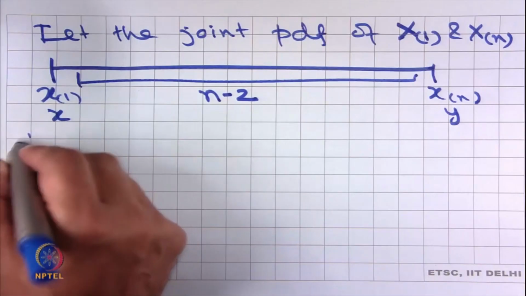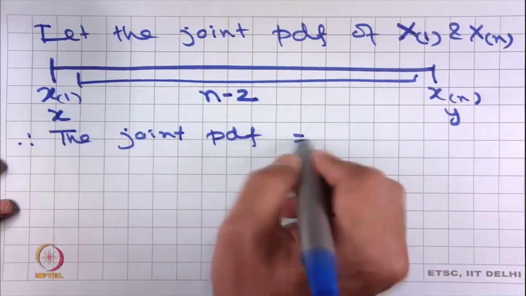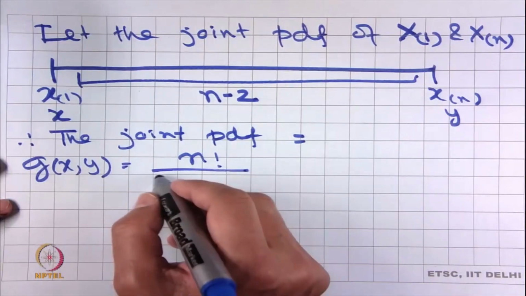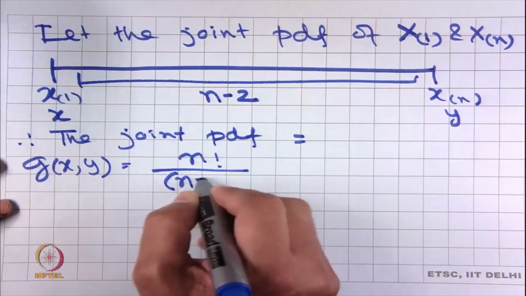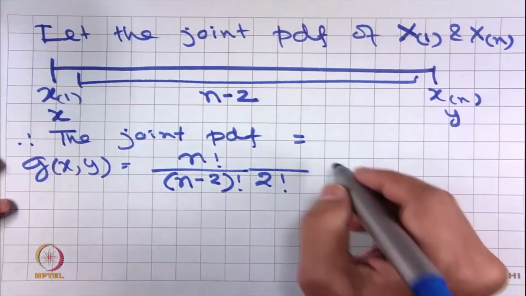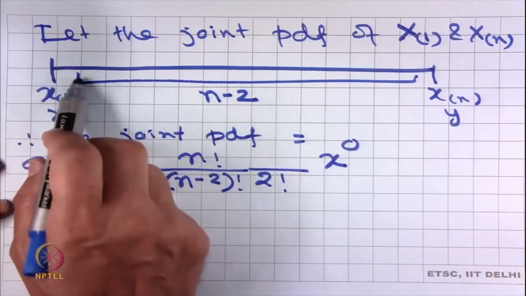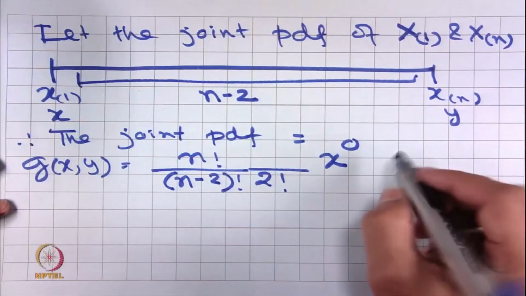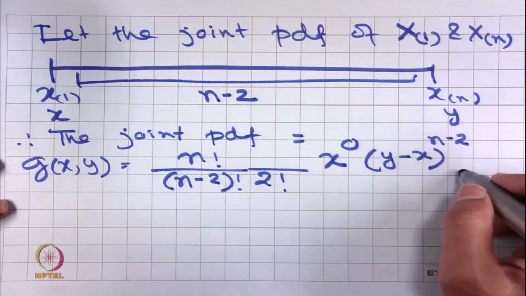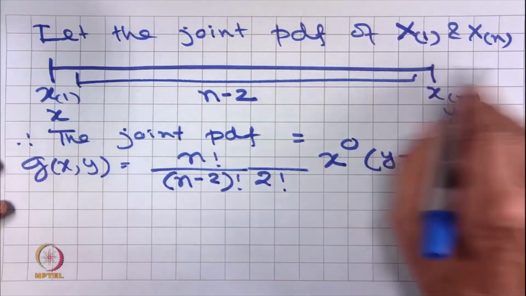Therefore, the joint PDF, let me call it g(x, y), is equal to n factorial upon (n minus 2) factorial into 2 factorial, into x to the power 0, because there will not be any before this x, (y minus x) to the power n minus 2, and (1 minus y) to the power 0, because there will not be anything here.